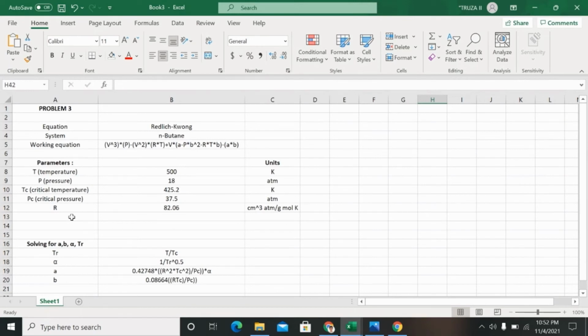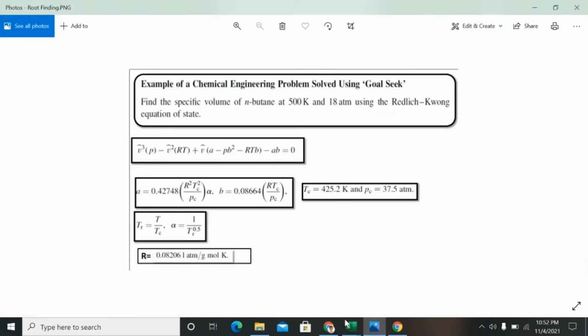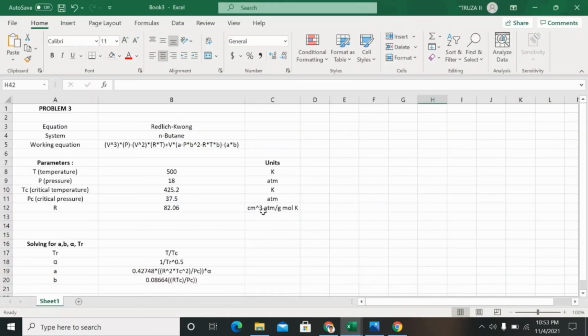The R here, I just converted it to cubic centimeter because in the given it is in cubic meter. I want the molar volume or the specific volume to be in cubic centimeter, so I converted it, which is 82.06.